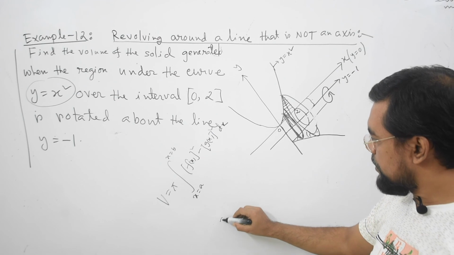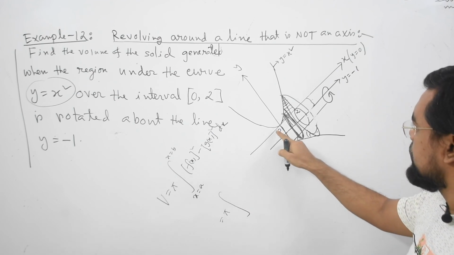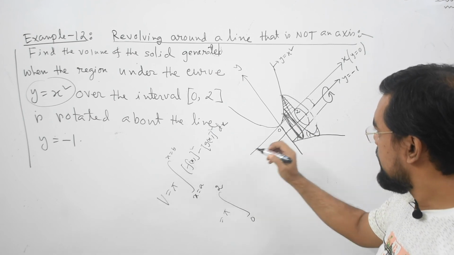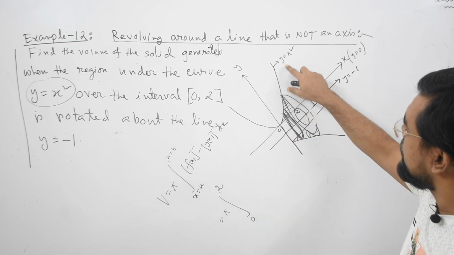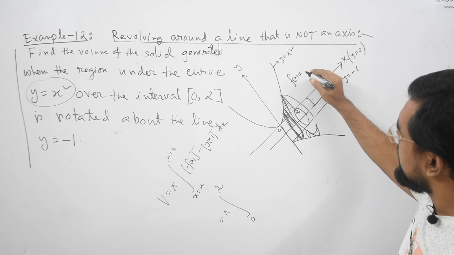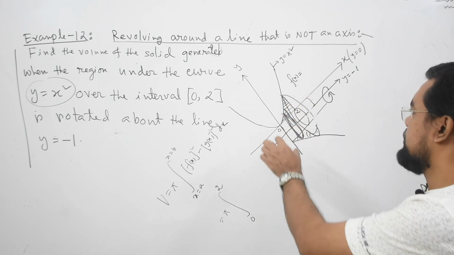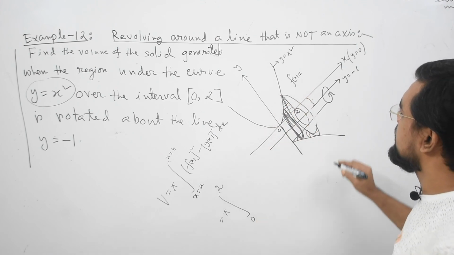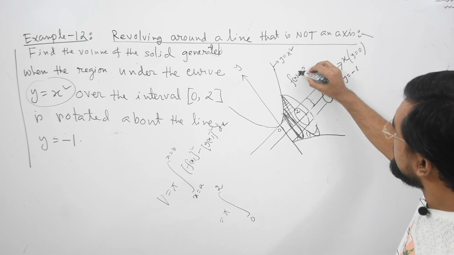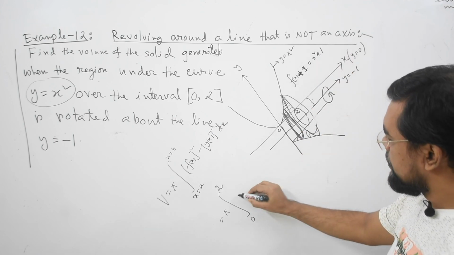By using this formula, we can write the lower limit of x as 0 and the upper limit 2. So 0 to 2, and the radius of the whole solid including the empty interior is f of x plus 1. So f of x plus 1 means x square plus 1.